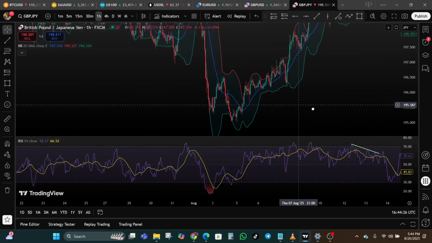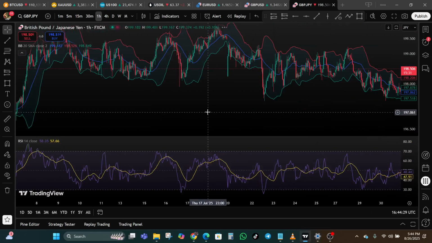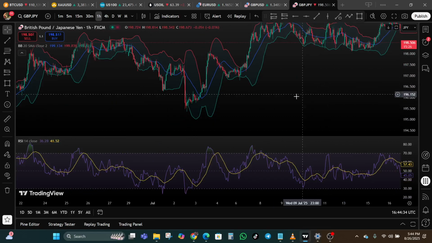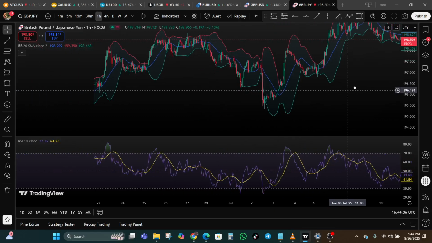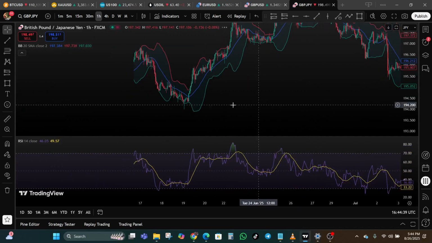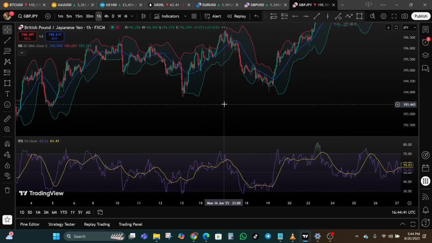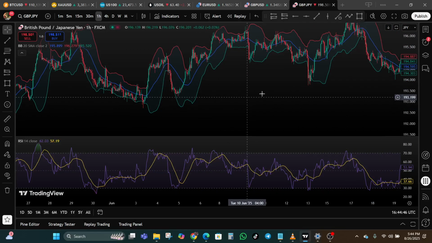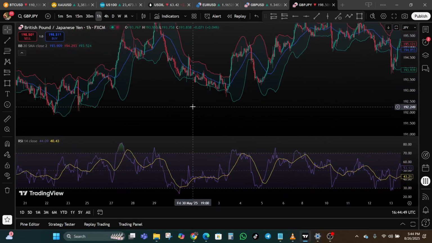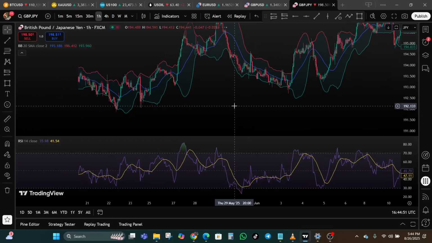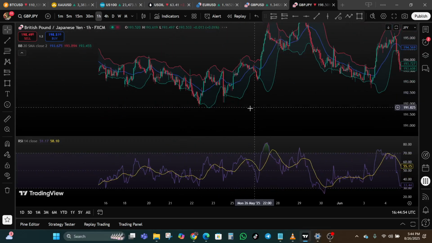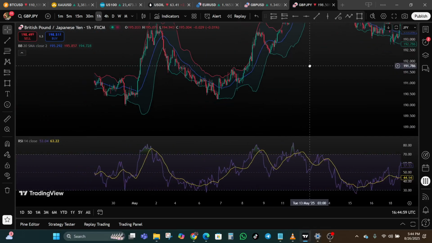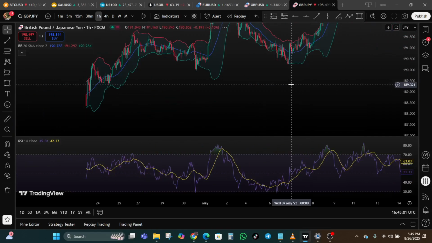Then if you are in a downtrend and you have lower lows with price, but then you have higher lows with the RSI, it's a bullish divergence.